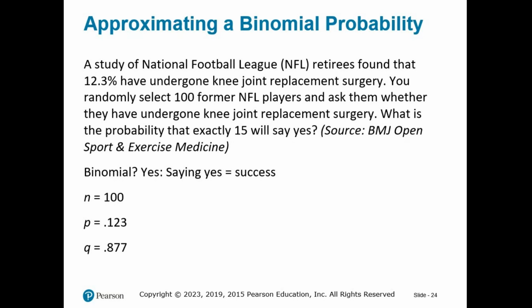Test for binomial first. Success and failure? Yes. They either say yes or no. Probability of success? Yes. They gave us 0.123 for success, or P, so 0.877 for failure, or Q. Whether one person has had knee surgery does not affect whether another has, so they are independent trials.